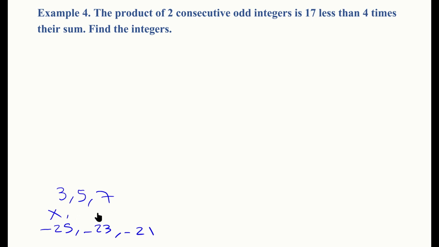It's going to be two more. So the next one will be x plus 2, and then the next one will be 2 more than that, which is x plus 4.